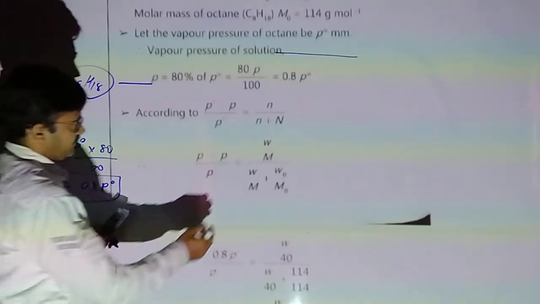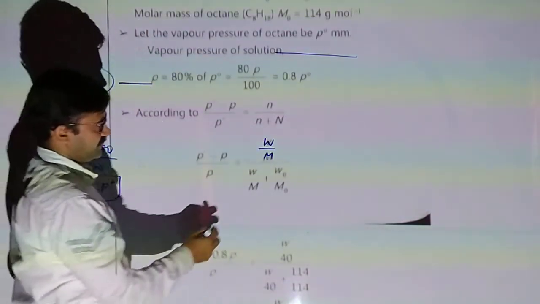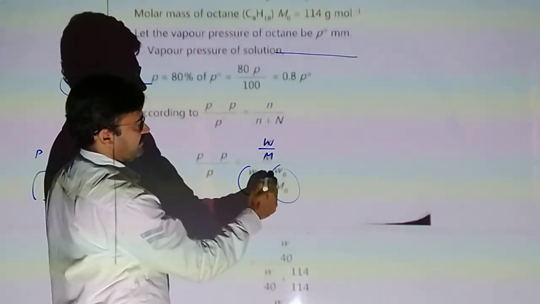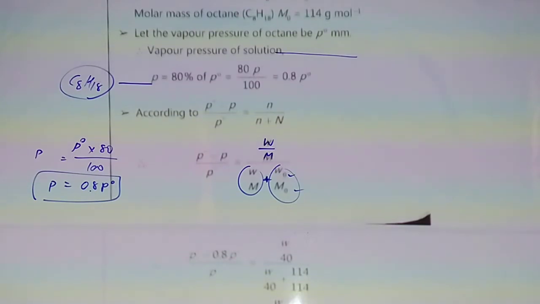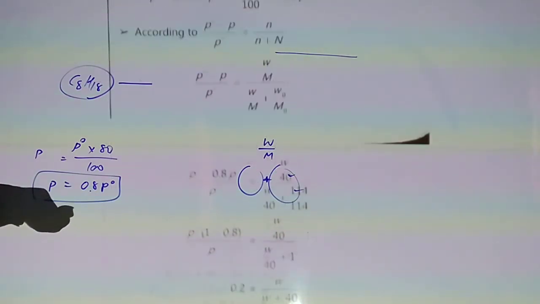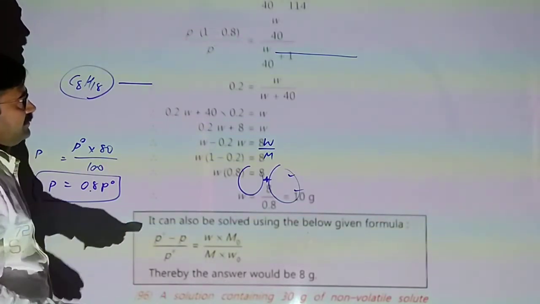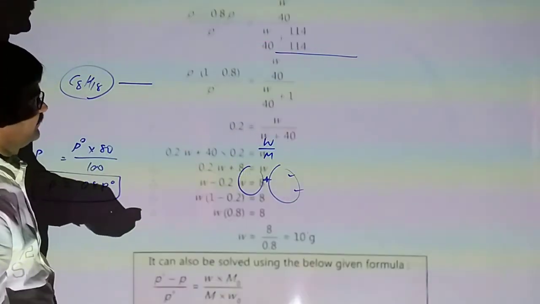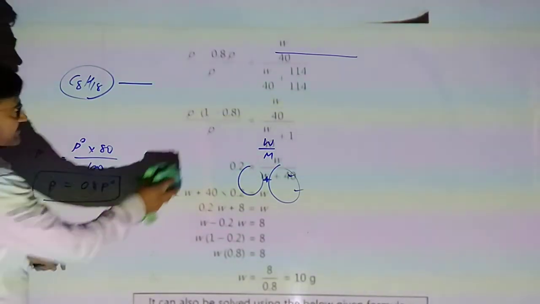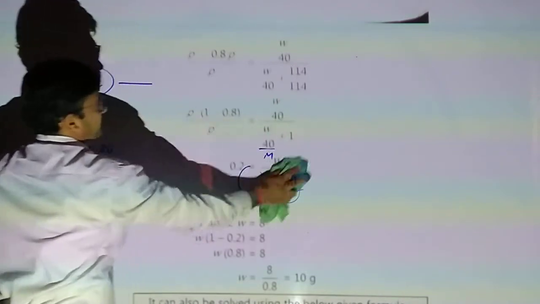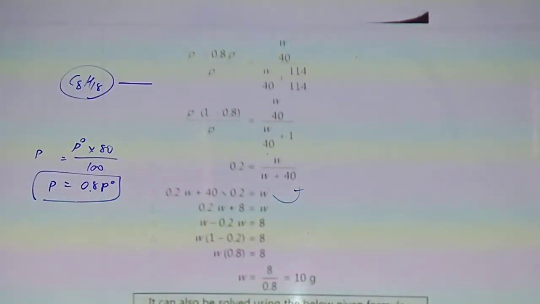Here mole of solute means mass upon molecular mass of the solute, plus mass upon molecular mass of solvent. So here you can see, P degree minus 0.8 P degree upon P degree equals W upon 40, upon W upon 40 plus 114 by 114.